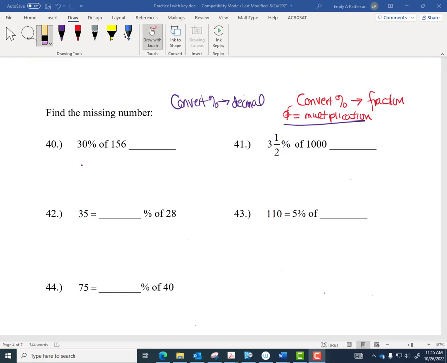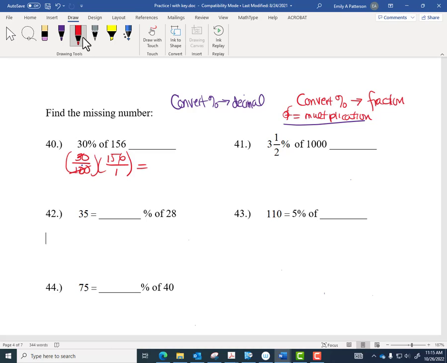So the second half of this video, I'm going to do the exact same problems, but I'm going to do it by converting my percentages into fractions. So the same thing, this is still going to be multiplying. So it's 30 per 100 multiplied by 156. And doing the fraction multiplication, we can reduce down.